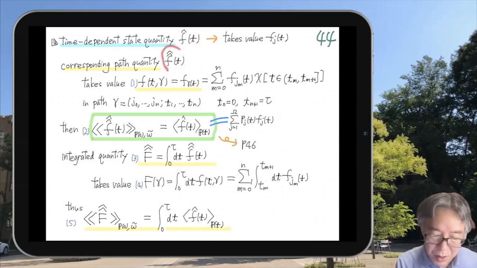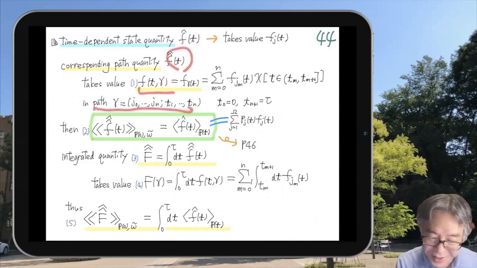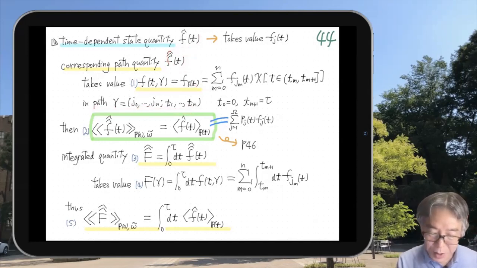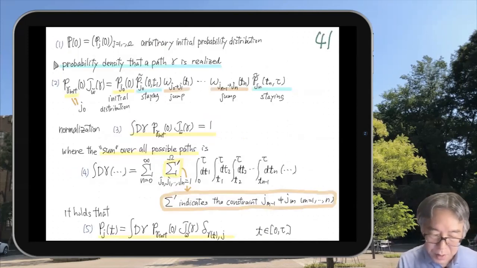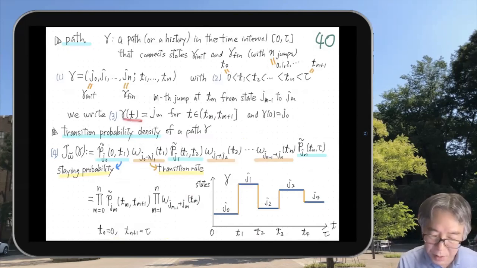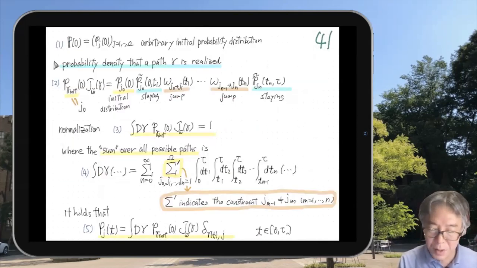So in a path Γ, this thing takes value like this. And Γ_t is simply the path, where is it? Γ_t is defined here. Simply this is the state at time t.